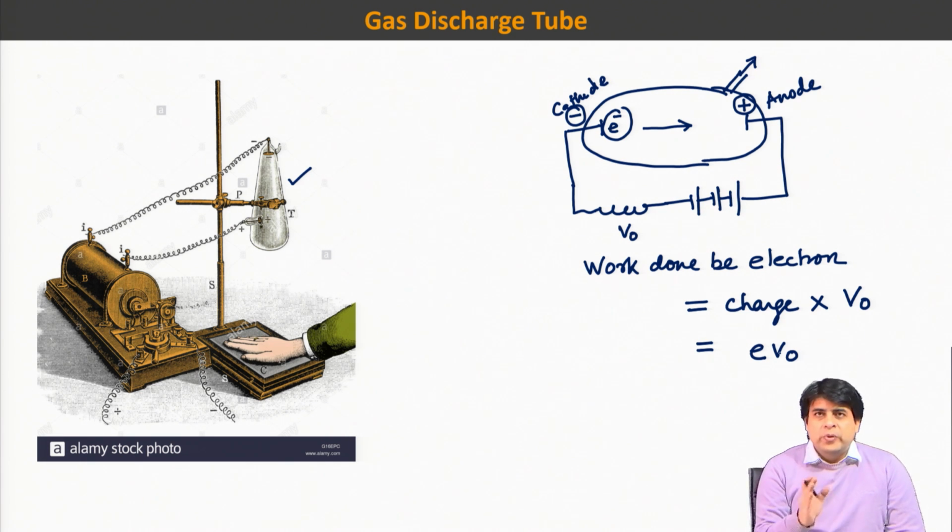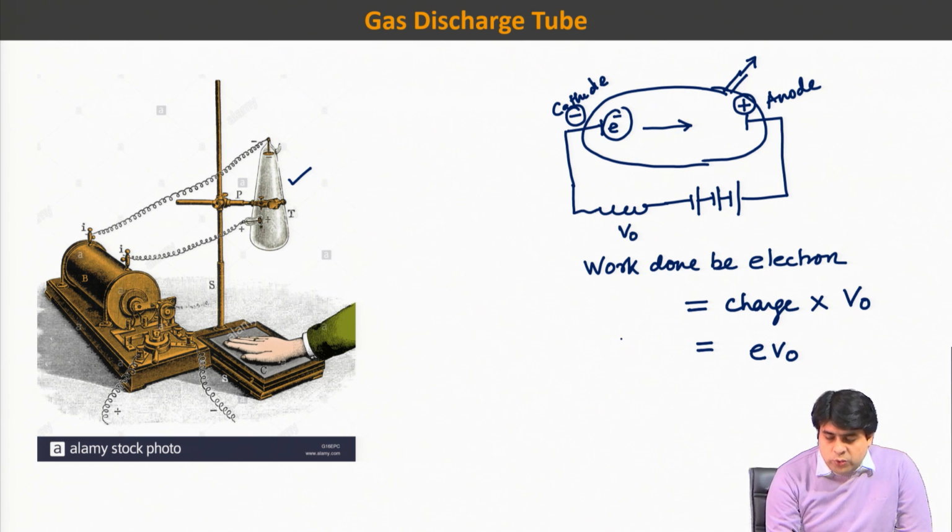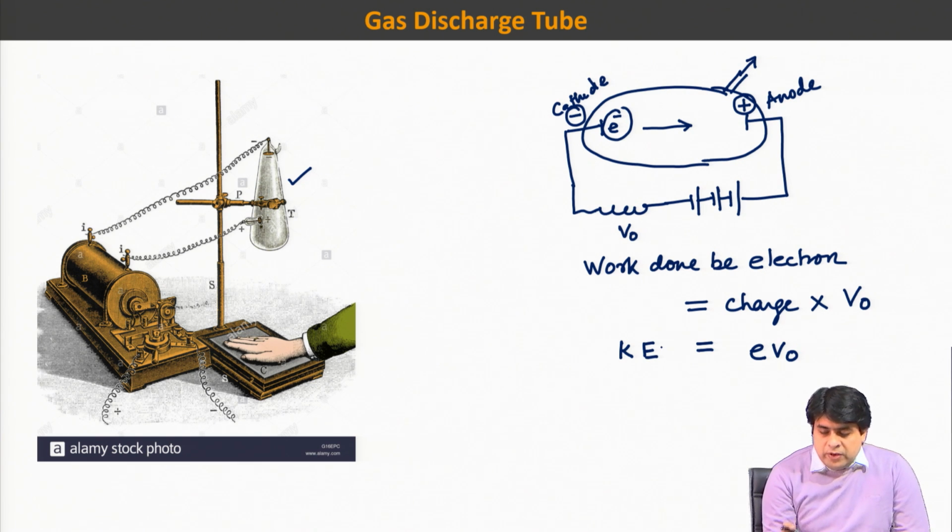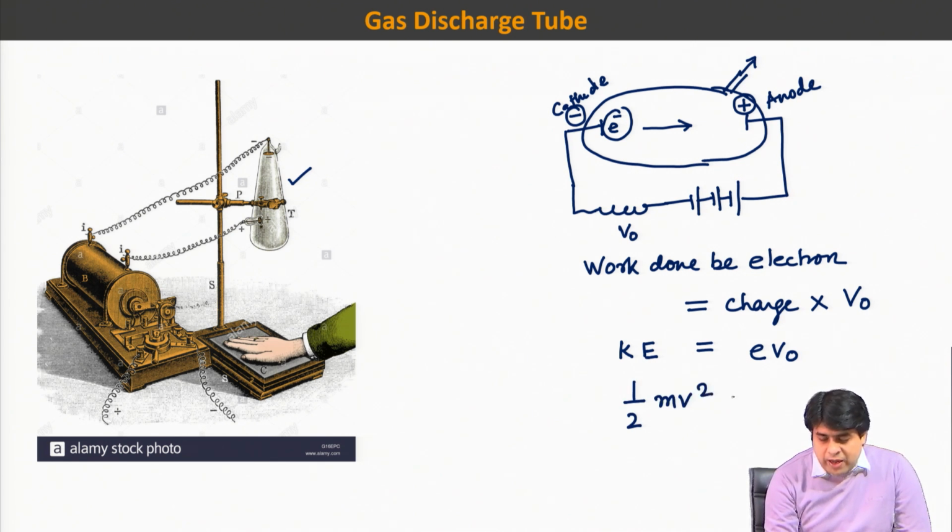The electron has a certain velocity v, so this equals its kinetic energy: half m v square is equal to eV0.